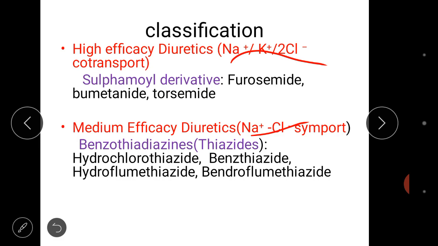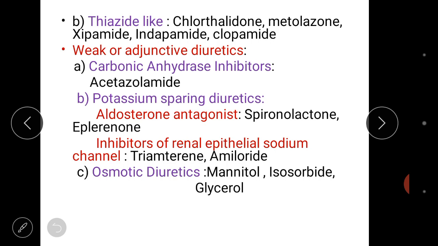Benzothiadiazines, thiazides: hydrochlorothiazide, benzthiazide, hydroflumethiazide, bendroflumethiazide. Thiazide-like diuretics we have chlorthalidone, metolazone, xipamide, indapamide, clopamide. Weaker adjunctive diuretics we have carbonic anhydrase inhibitors, acetazolamide.